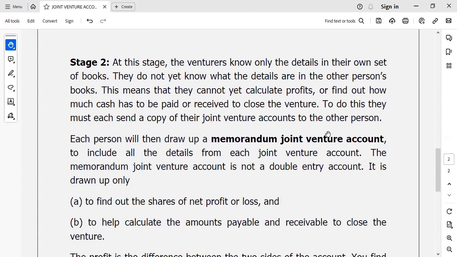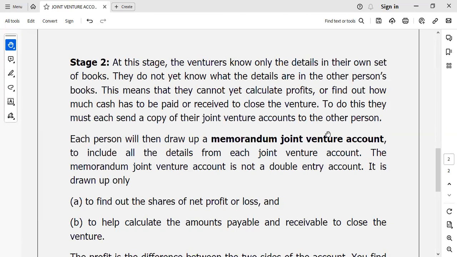Stage 2. At stage 2, the venturers know only the details in their own set of books. They do not yet know what the details are in the other person's books. This means that at this stage, we cannot yet calculate the profits.